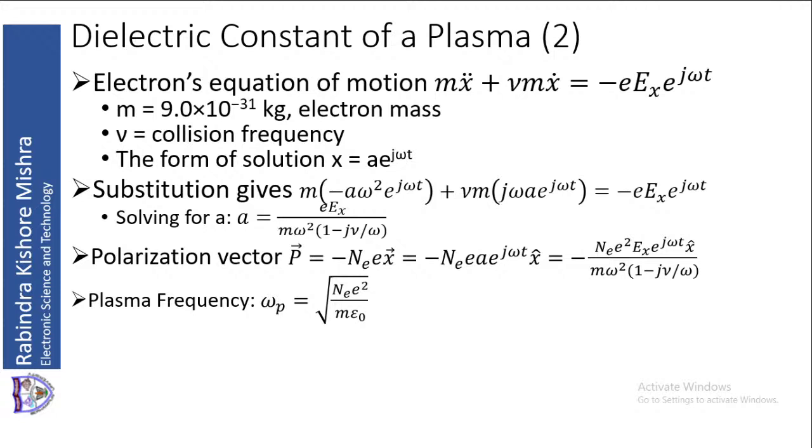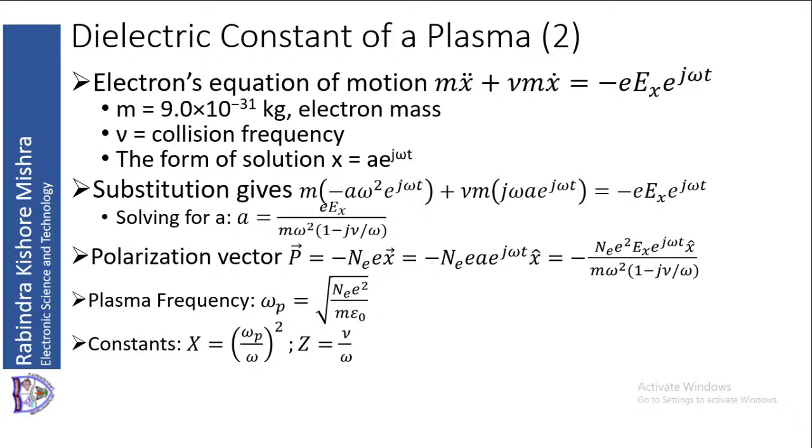If we define the plasma frequency omega p as Ne into e square divided by m into epsilon 0, then we define a constant X, which is omega p by omega squared, and a constant Z as nu by omega.